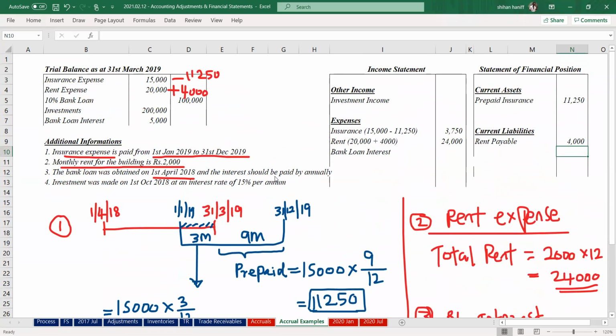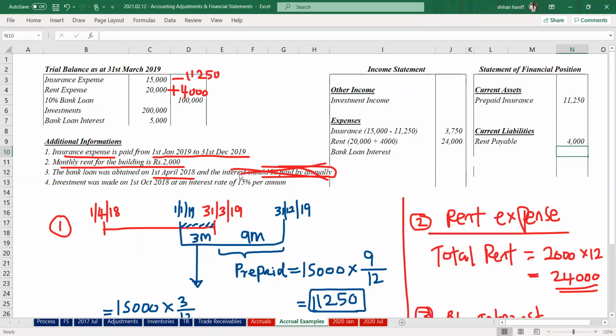And forget about this payment. Payment is not relevant for us. Sometimes they will say paid next year, paid on the 15th of April 2019, or it should be paid before 1st of May 2019. So forget about all this payment.